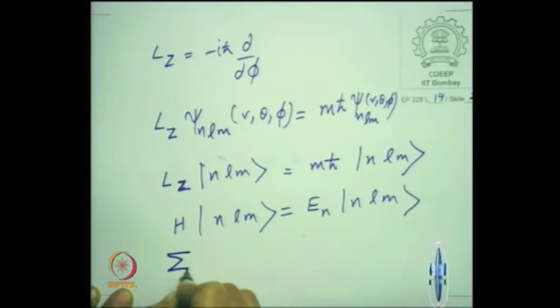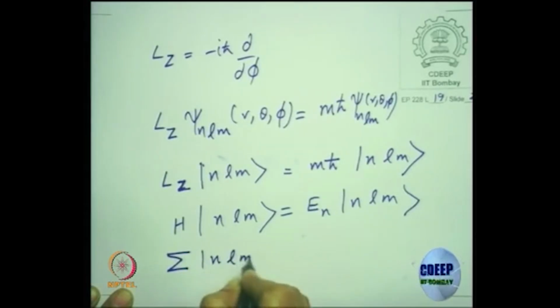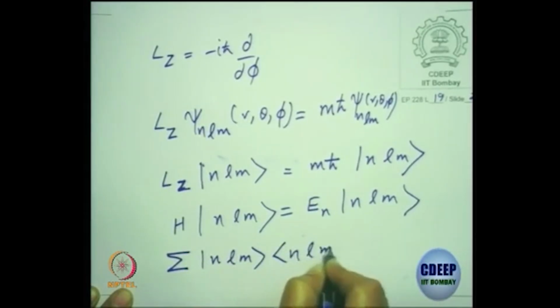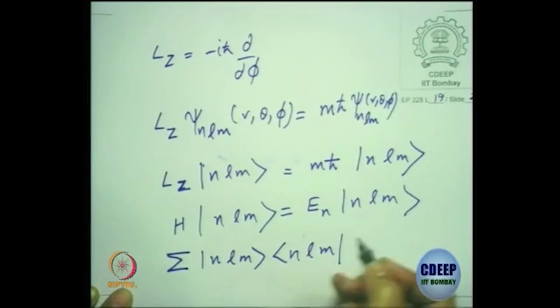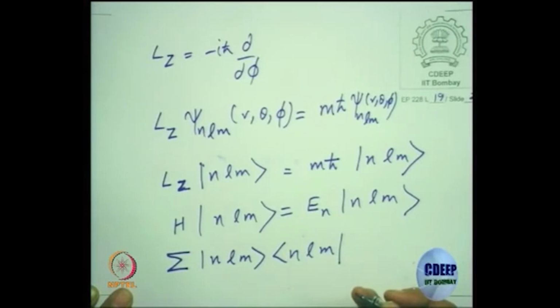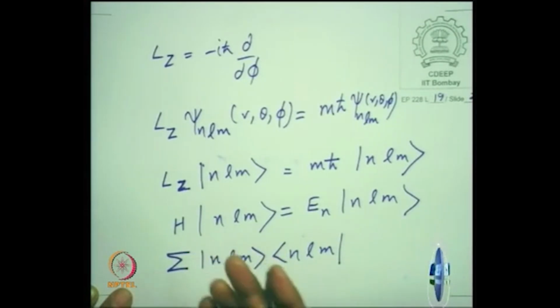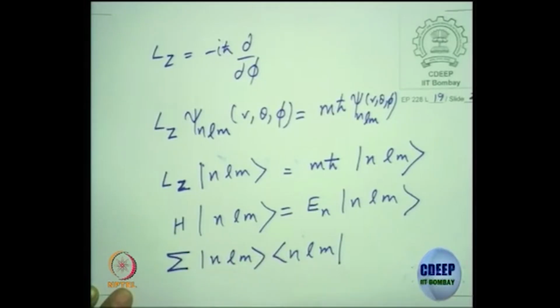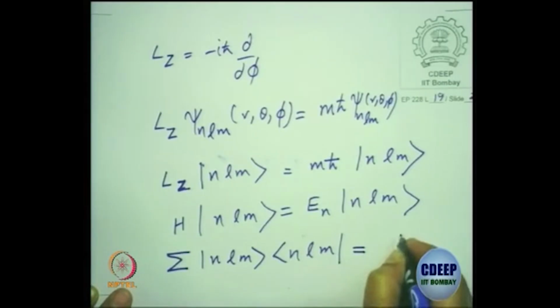Summation over NLM, |NLM><NLM|, with the appropriate summations, all possible n's going from 1 to infinity, L going from 0 to n minus 1, m going from minus L to plus L, that constraint which you have to put in here. Completeness condition tells you that it should be identity.